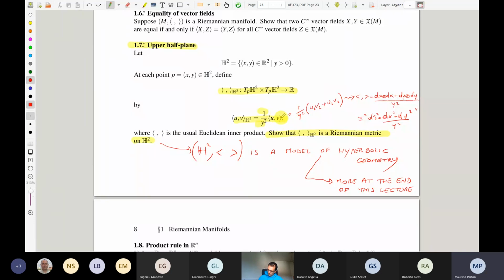We can take this scalar product times 1 over y squared, where this number depends on the point we are considering the product. Okay, so the higher this point is in terms of y coordinate, the smaller the scalar product between two apparently equal vectors.